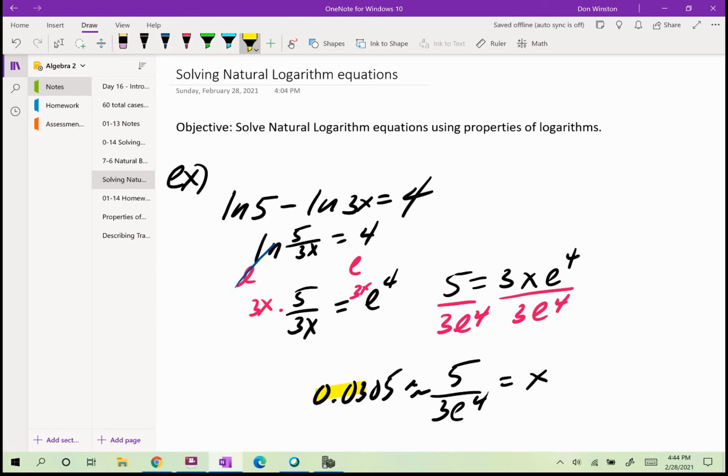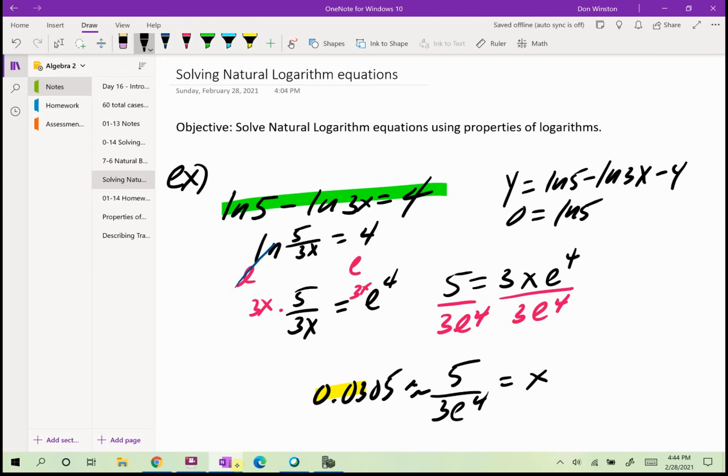To verify this on Desmos, I'll set one side of the equation equal to 0. It's like I'm finding the zero. So on Desmos, I'll subtract 4, and I'll have y equals the natural log of 5 minus the natural log of 3x minus 4. I'll be finding the zeros, if you will.